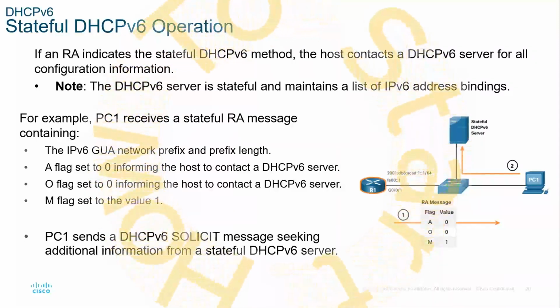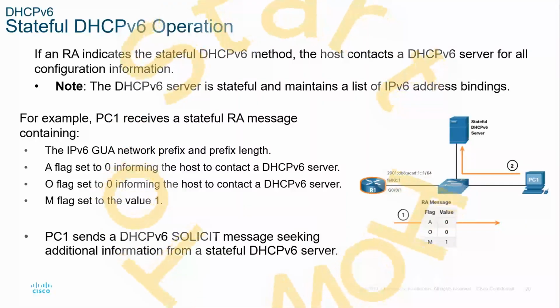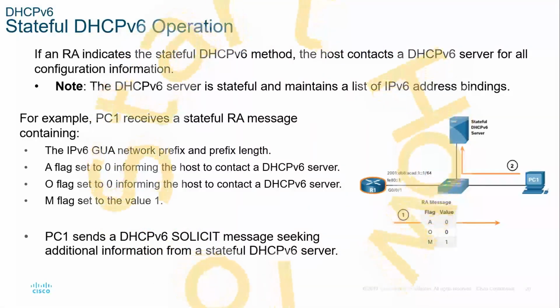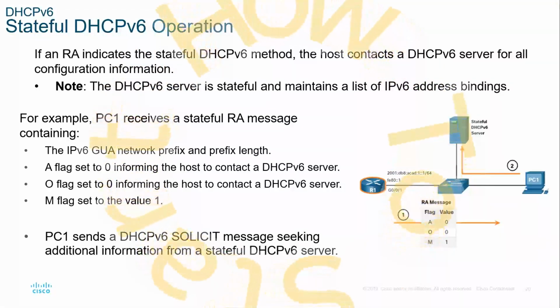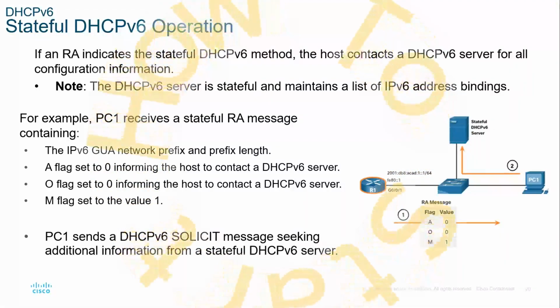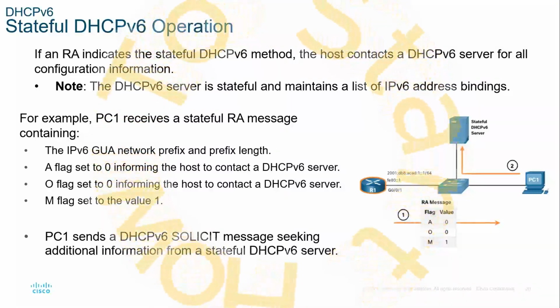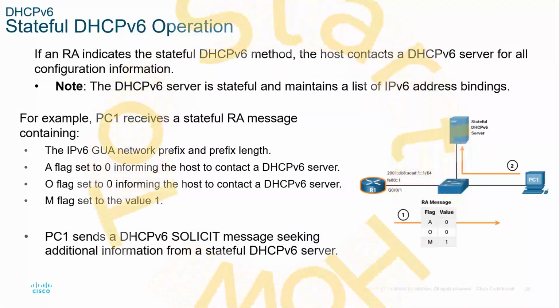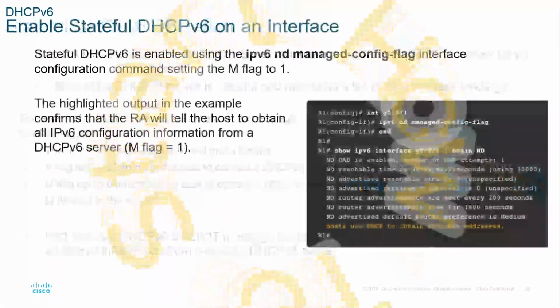Again, a router advertisement message will be sent to the client. The client will receive the RA. The RA will say, contact this server. The client will contact that server and obtain the information it needs. Remember that the DHCP server is stateful, and that means it will maintain a list of address bindings.